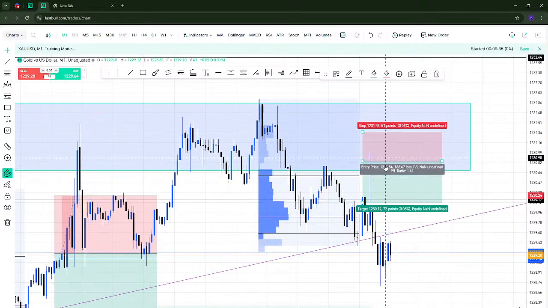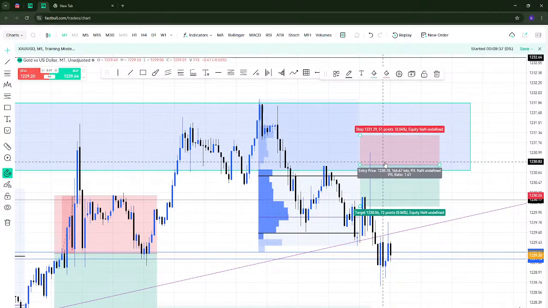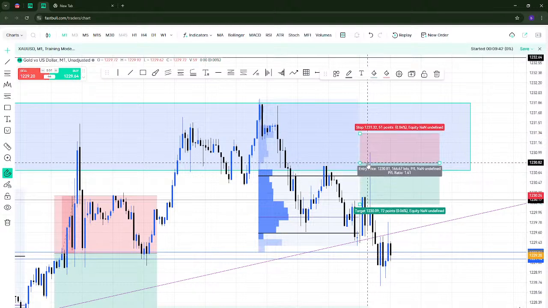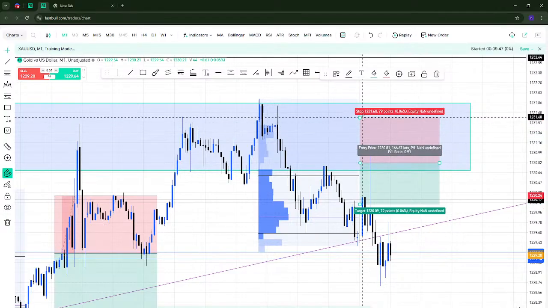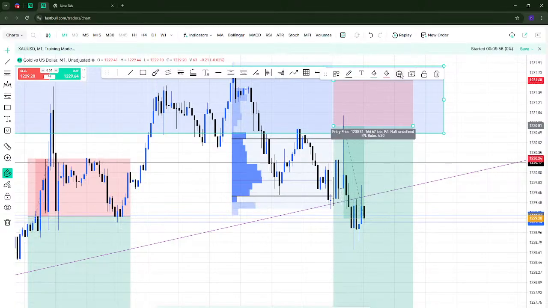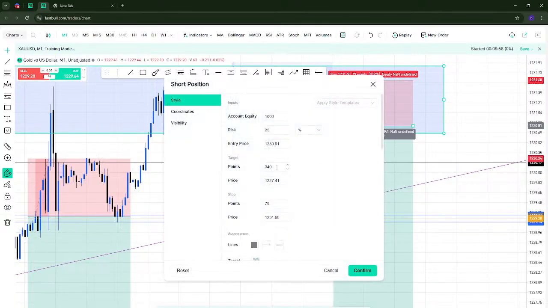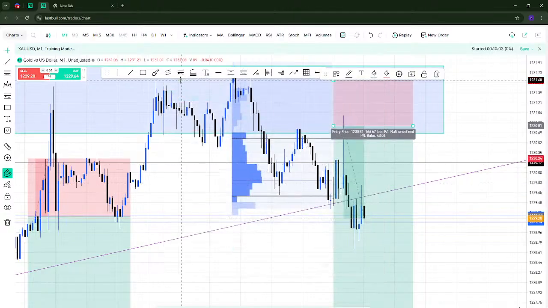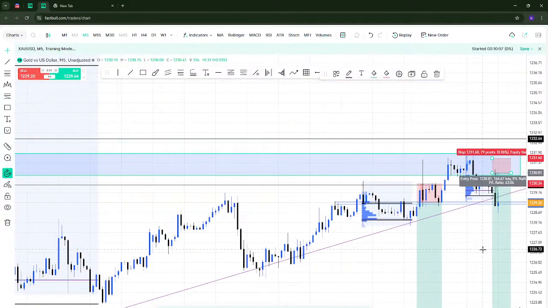So the re-entry was for the liquidation here, or you can just target the gap where the gap is there, and just give it probably maybe 8 pips depending on the current market, and you can just target that. Now let's see what happens again.